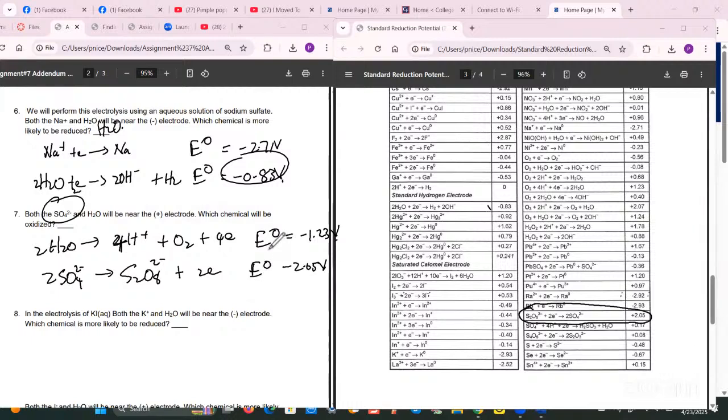And again, I'll compare the two EMF values, and the one that's more positive is the one that is more likely to occur, which means that water, again, will be the species that would be more likely to be oxidized at the anode. If you have water and sulfate at the anode, water will be the one that will be preferentially undergoing oxidation. All right?